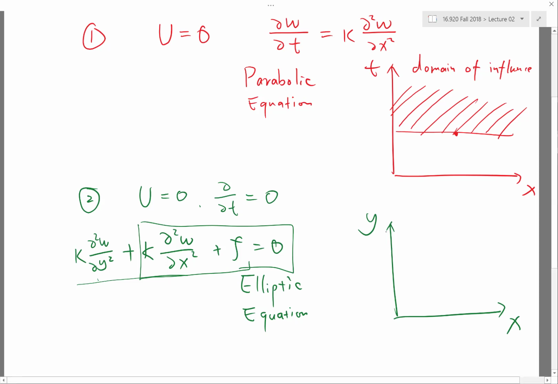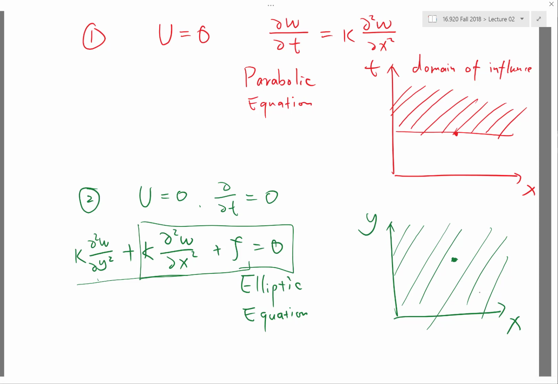So in this xy diagram, if you change the f, for example, at only a single point in the middle of the domain, how is the solution going to be changed? Is the solution still only going to be changed in the positive y direction? No, right? The fact it is an elliptic equation means that if you change the right-hand side here, the solution is going to be changed everywhere in the entire domain. That's the characteristic of elliptic equations, right?